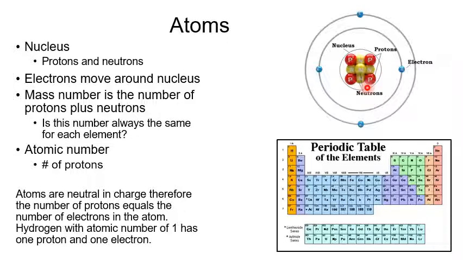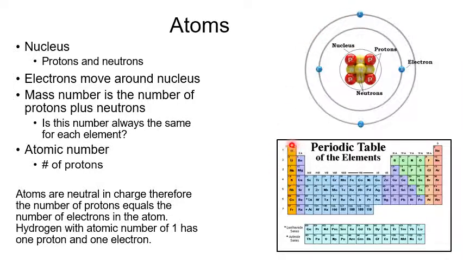The other key feature of these atoms is that they are electrically neutral. They are neutral in charge. Therefore, if you have a positive 1 for each proton and a negative 1 for each electron, there needs to be an amount of protons equal to the amount of electrons for each atom.